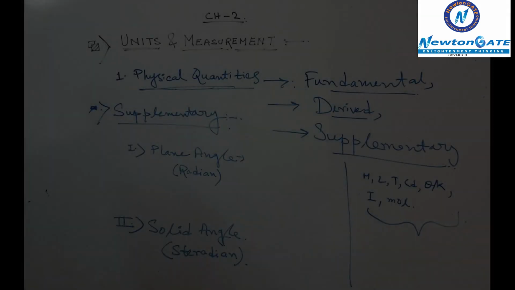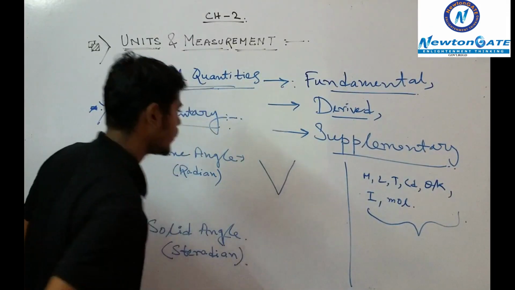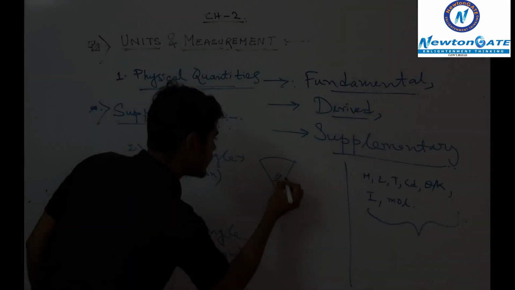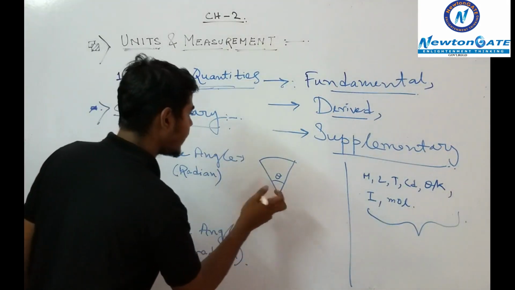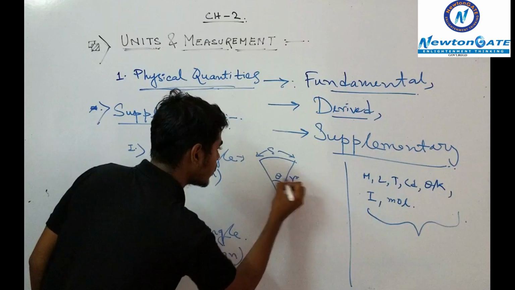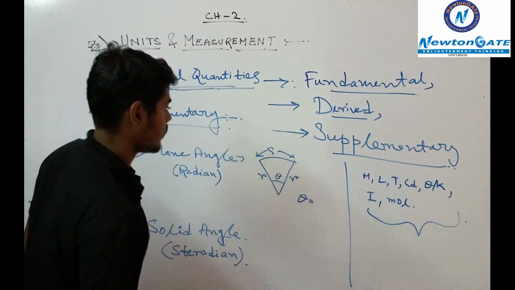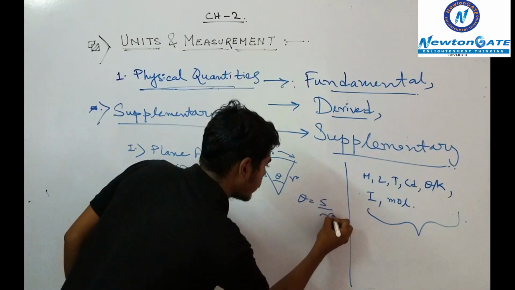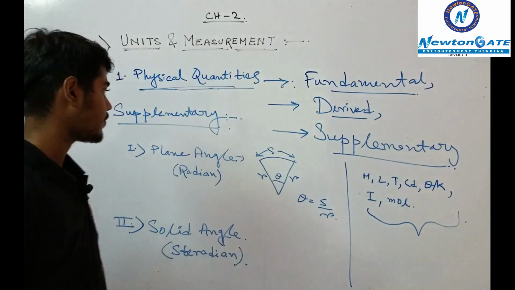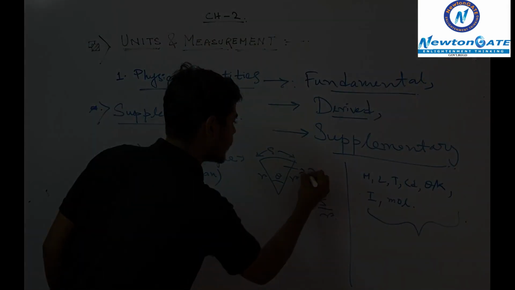What is plane angle? It is the angle theta subtended by the arc length s, and if the radius is r, we get theta equals s upon r, arc length divided by the radius. If we complete this, we get a circle, so this is a 2-dimensional figure.